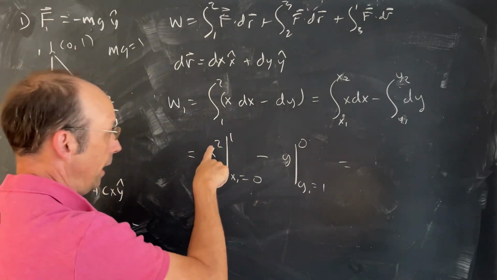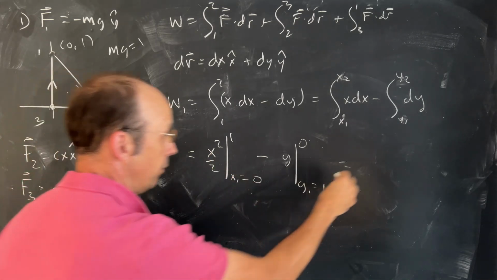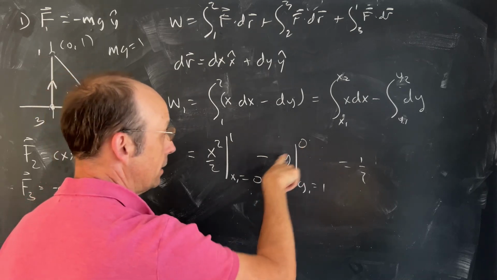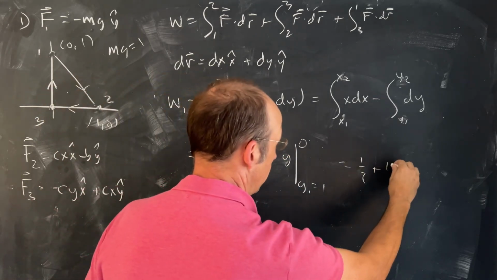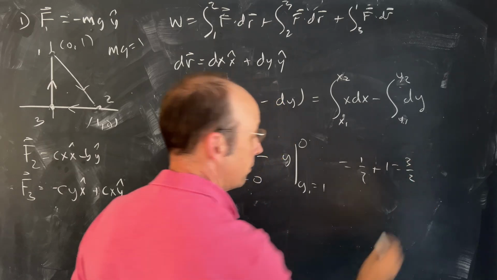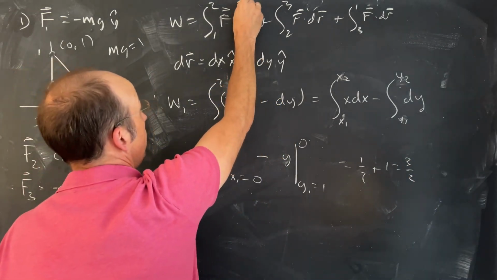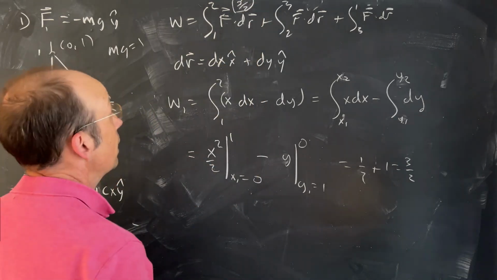If I do that, I get 1 squared divided by 2 minus 0, so 1/2, and this is going to be minus 0 minus 1, so it's going to be plus 1, so it's 3/2. I may have made a mistake there, I'm okay with that. I'm going to put my number up here, 3/2.